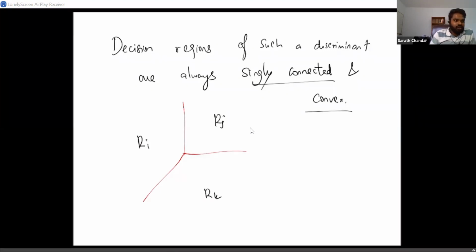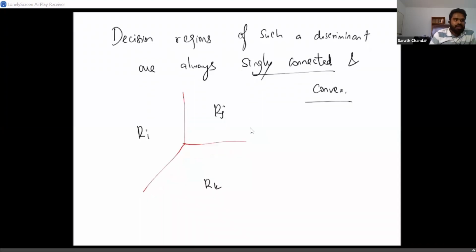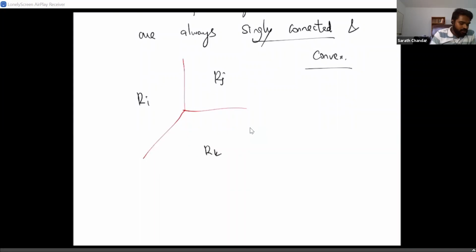And this is convex. So what do I mean by that? You take any two random points, xa and xb. Now you consider the line between these two points and find any point in between. Let's call this x hat. If xa and xb have the same class, then x hat should also have the same class.